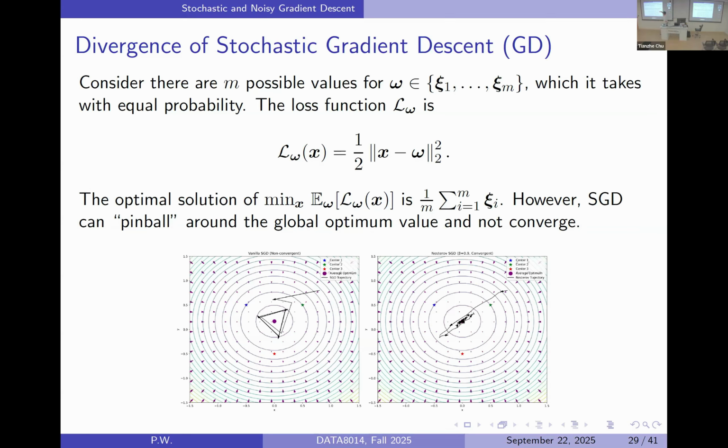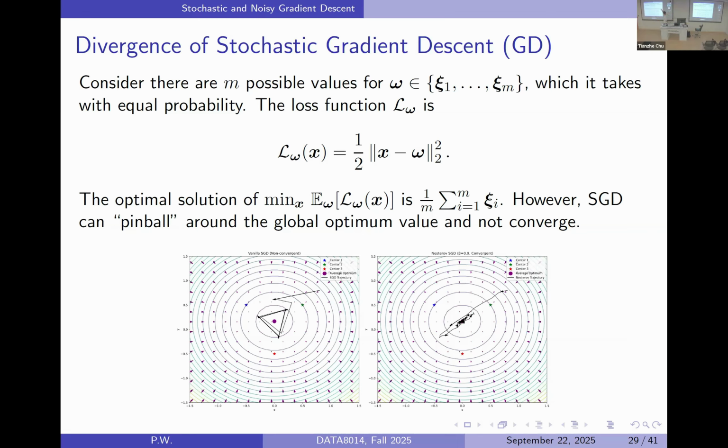Then the loss function L(omega, x) takes the form 1/2 (x minus omega) squared. Then you can verify that the optimal solution must take this form, the average of all samples. That is the optimal solution.